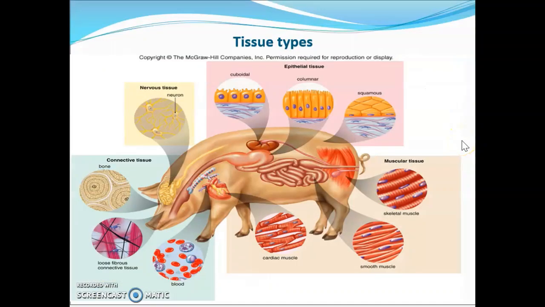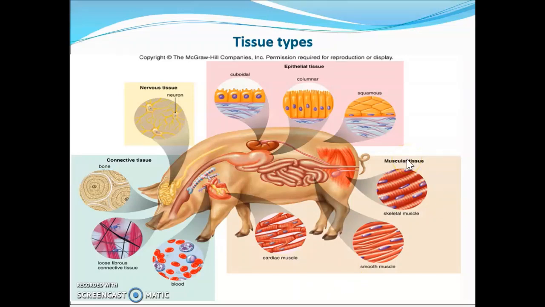We will discuss the levels of biological organization in a multicellular organism by first looking at the different tissue types available in an animal, and eventually we will look at the different cell types under each of the tissue types.